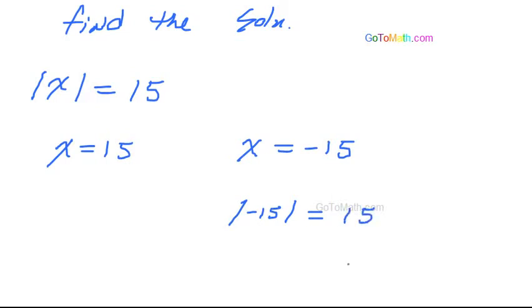So we end up with positive 15. No big mystery on what this absolute value thing does. It just makes whatever's inside positive. Alright, so our solutions are negative 15 and 15. See that? Those are the solutions.